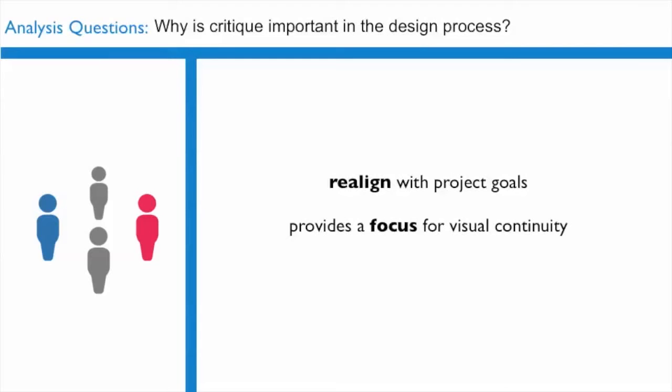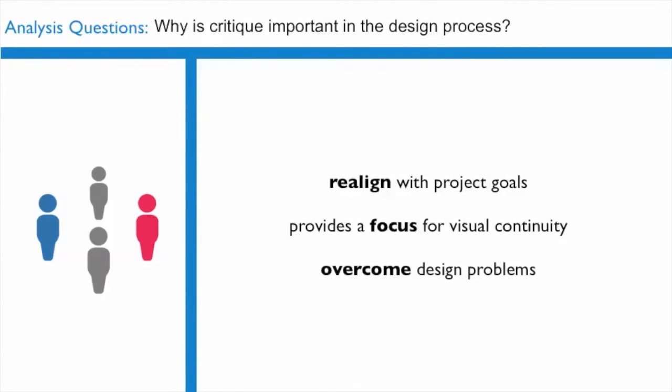So having an opportunity to do a critique in a team atmosphere provides that opportunity for discussion. And in this case, they're talking about what color palette should we be using. This also allows you to reestablish the continuity of design to make sure that everybody's on the same page.